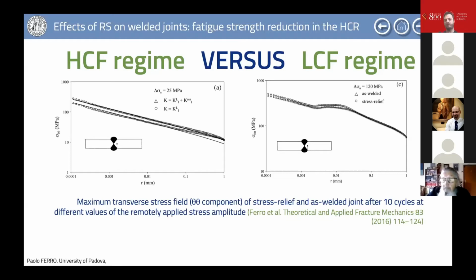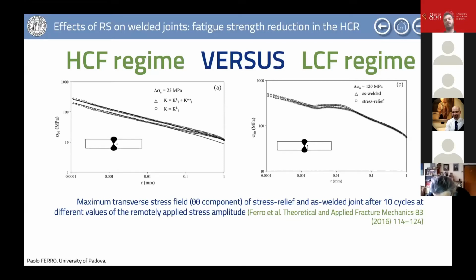On the opposite side, if we apply a very high external load for the aluminum alloy, in this case 120 megapascal, you can see that because of the plasticity effects, the two stress distributions near the weld toe are almost the same.